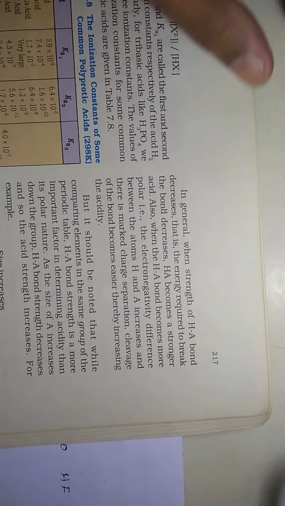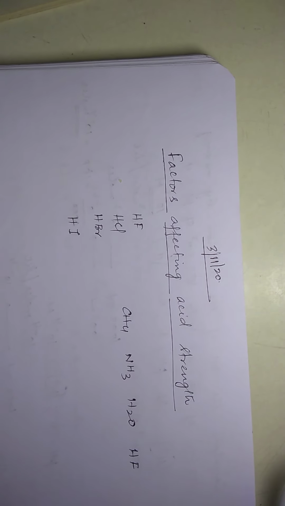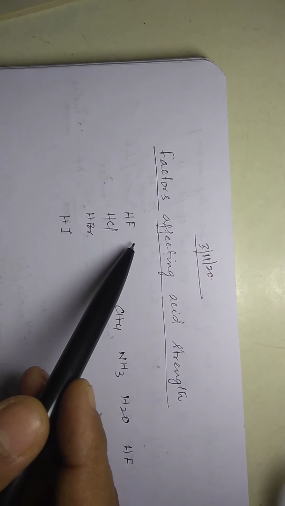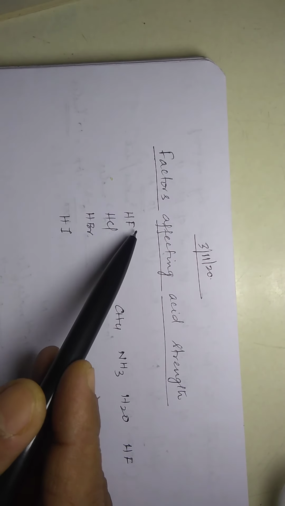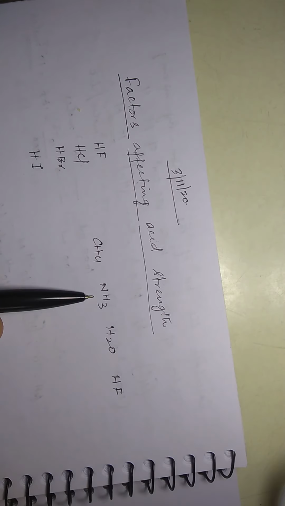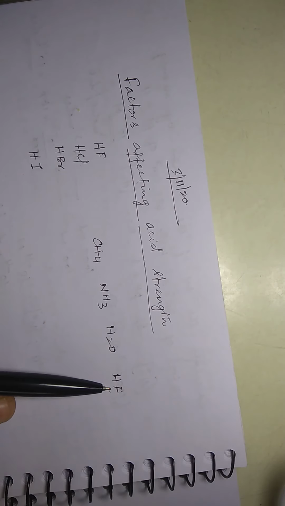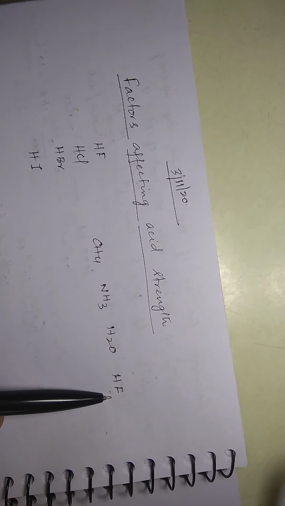Right. Now look. Now if I take among the halogens HF, HCl, HBr, HI, this is down the group. And here methane, ammonia, water, HF. Here what you see? Carbon, nitrogen, oxygen, fluorine.